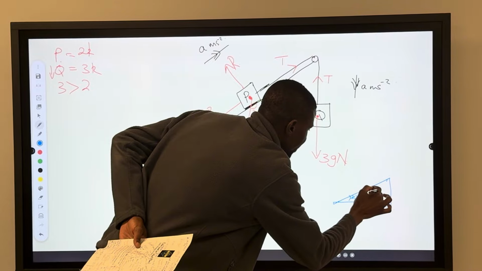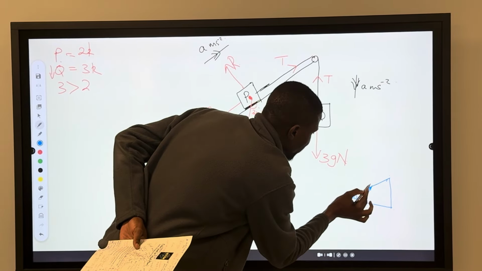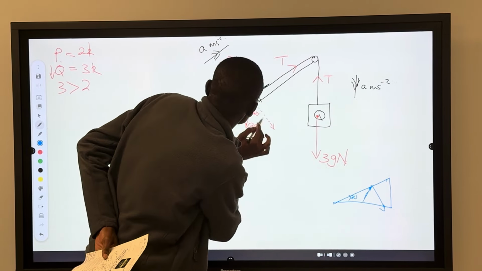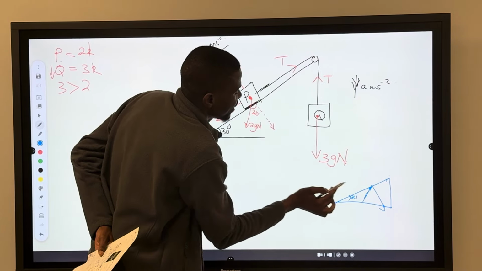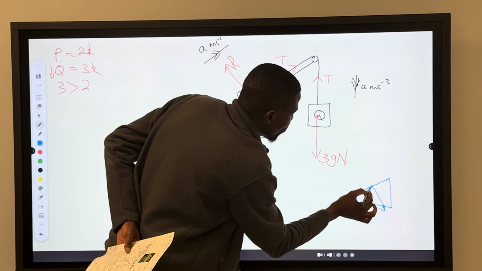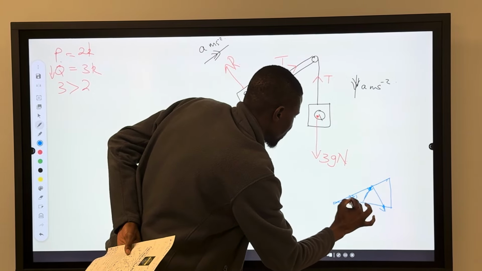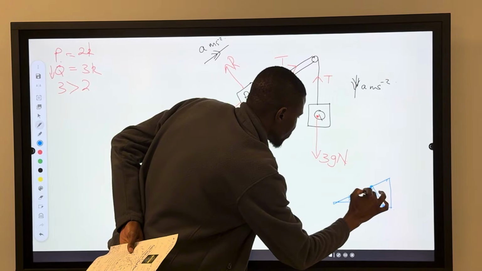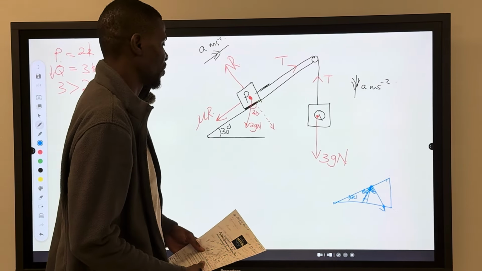If we resolve this into that, it's going to give us that part. As you can see, this is now 90 degrees. We had 30, 90 here, this was 60, and this becomes 30 as well.